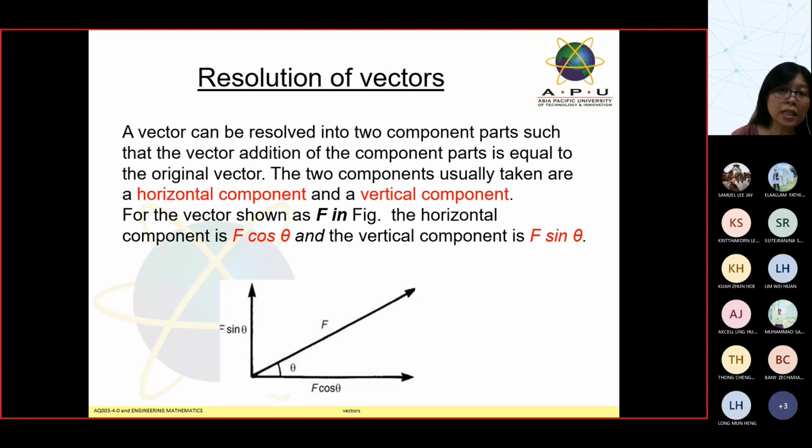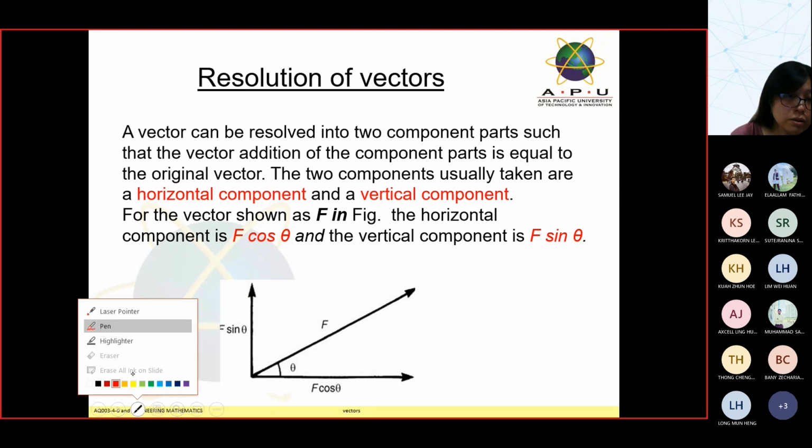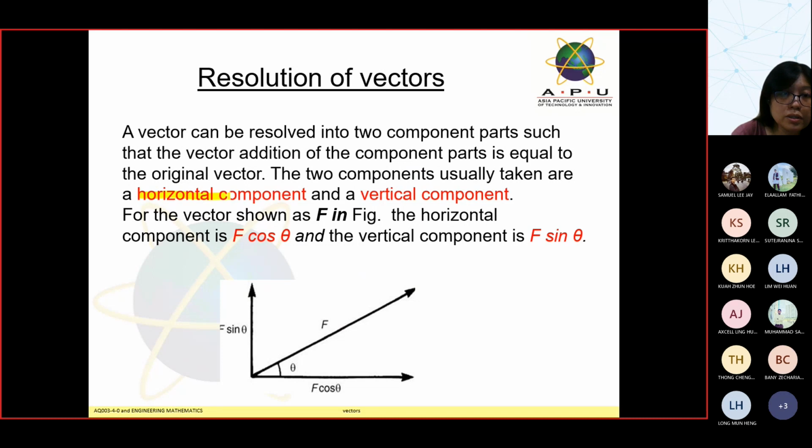Normally the two components we resolve into are the horizontal and the vertical components. This is very important.